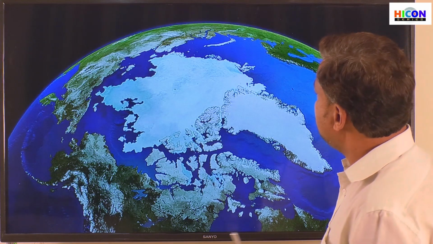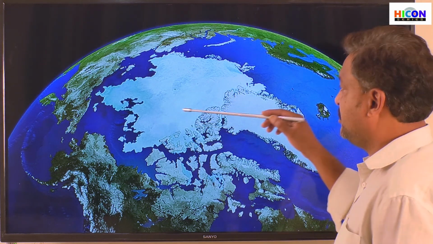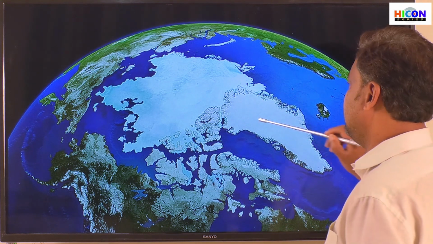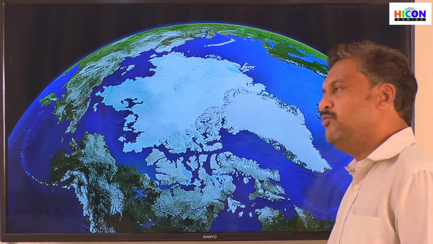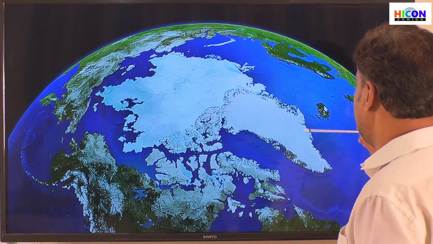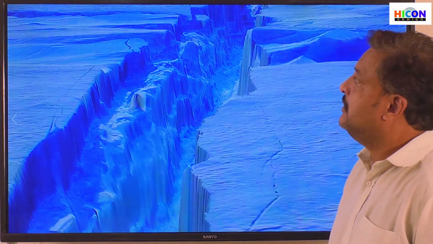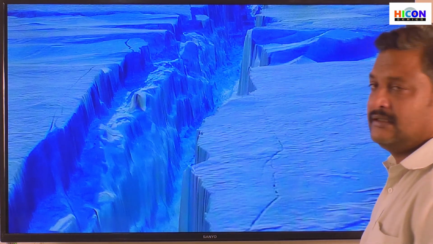Right? So this is a picture taken from a satellite, and we can see this is the Arctic Ocean region, which is covered in an ice cap, and this is the Greenland region, which is also covered in ice. So Greenland is almost totally covered in ice except some coastal areas. Okay, and see, this is something like the surface usually seen in Greenland.